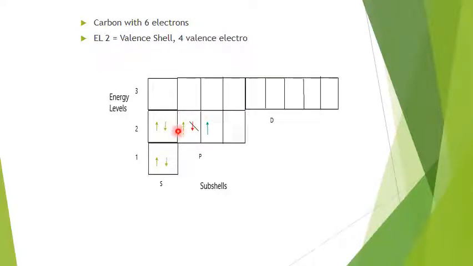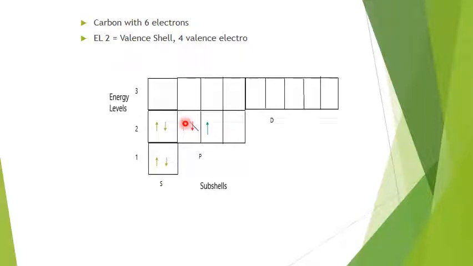That's because that electron can go to any one of these 3 orbitals, and would rather go to an empty orbital in its same subshell than pair.